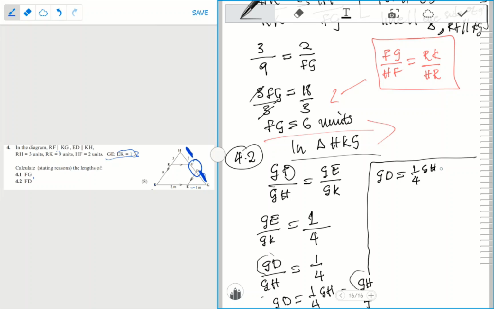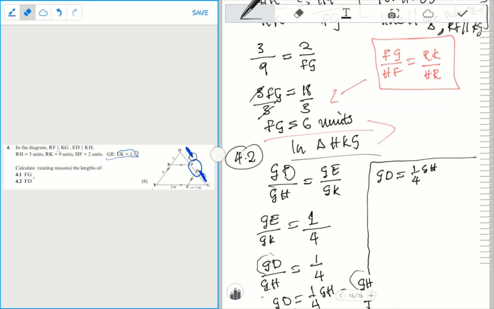Okay, then now what we have is GH. My device has a low battery, I'm sorry for that. Let me clean our diagram so that we can also see what we are talking about.